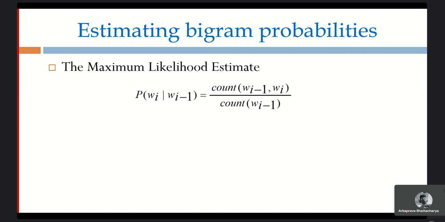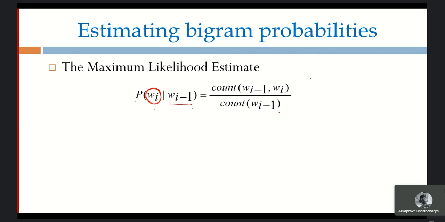So you can see the probability of the upcoming word, that is the word to be predicted, given the previous word: probability of wi given wi minus 1. How can I write this? The count of the previous word, next word, divided by the count of wi minus 1. This is what we have done here. This is the house, right?